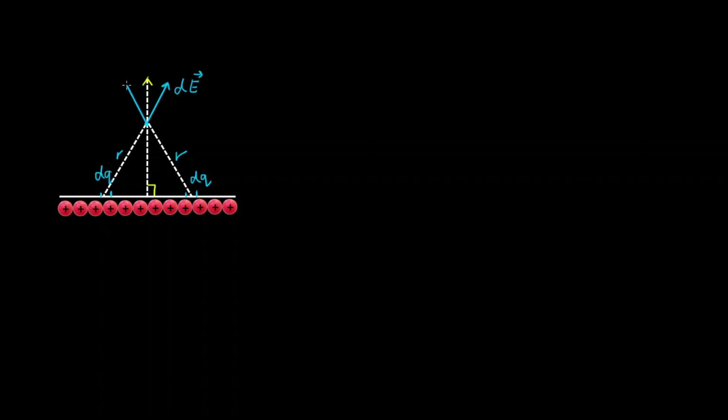So these are what the vectors look like, which are of the same length and at the same angle theta from the bisector. Now applying the method of superposition in the horizontal and vertical directions. So in the horizontal direction, we have dEx is equal to the magnitude of dE sine theta.